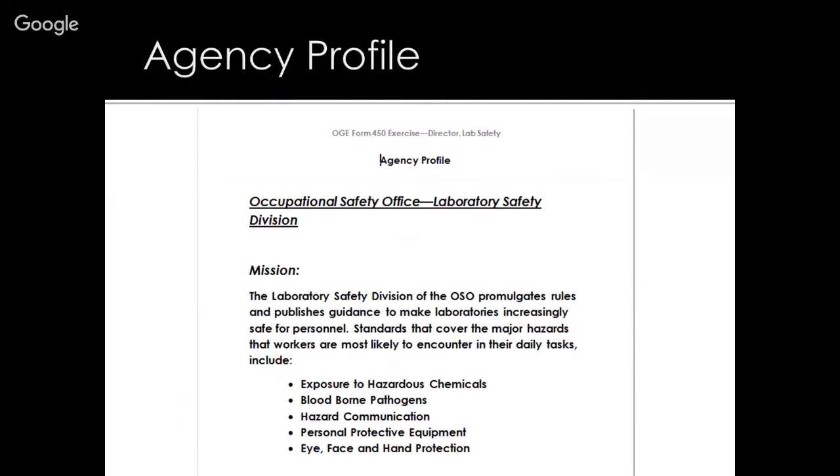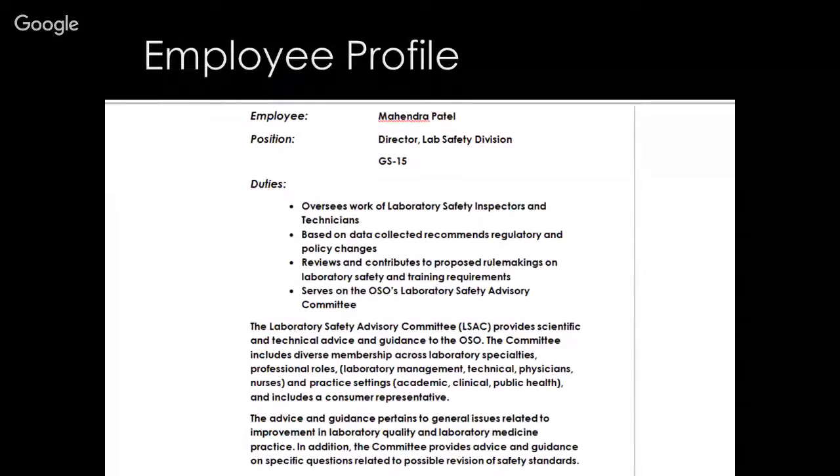They work with a set of standards for laboratory safety, and the areas covered by those standards include exposure to hazardous chemicals, bloodborne pathogens, hazard communication, personal protective equipment, and eye, face, and hand protection. So that gives us a sensibility about the universe of areas where particular matters are going to be arising from.